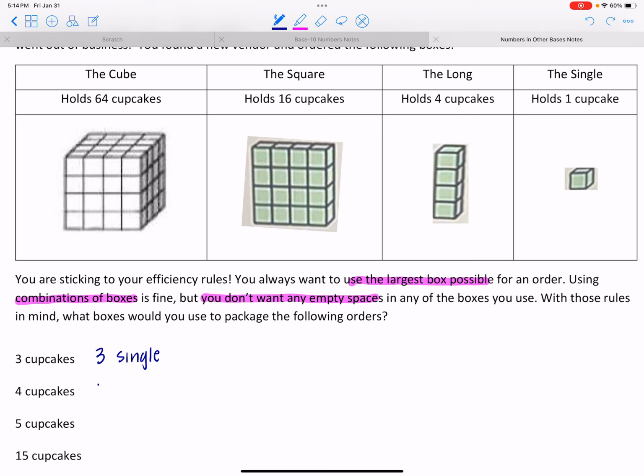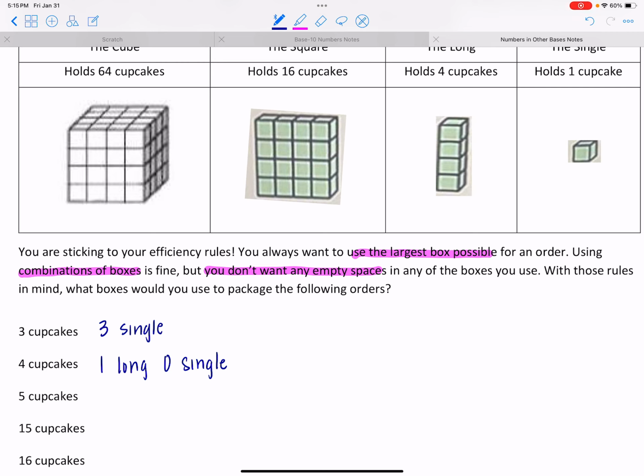So this would be 1 long box and 0 single boxes. Okay? 5 cupcakes. I can still use a long box here, but now I have an extra that's going to have to spill into the singles. So adding 1 cupcake there means I still have 1 long box, but now I have 1 single as well.